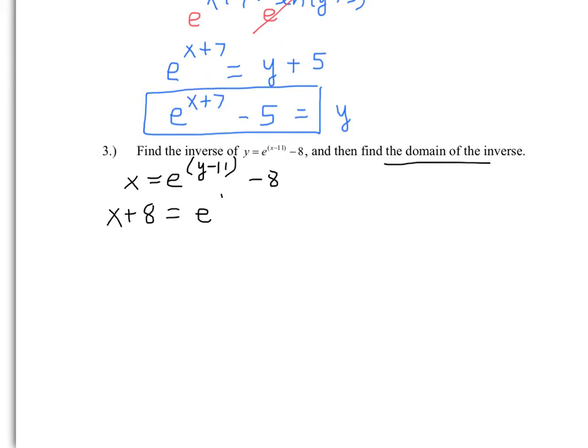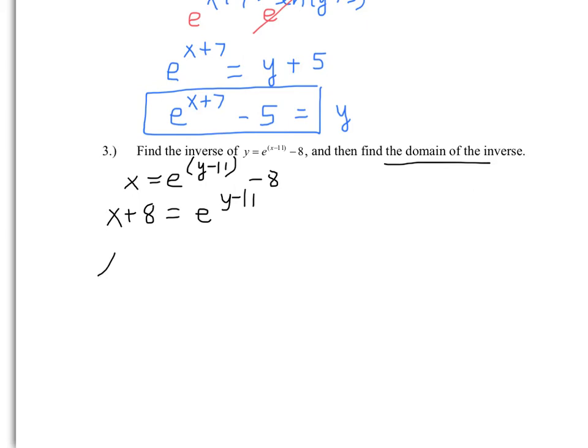Now we can drop the parentheses if you'd like around that y minus 11. It's just kind of helping us organize it, but you don't have to have it there. There's nothing to multiply it by. So you have e to the y minus 11. So we need to get rid of that e so that we can eventually get y alone.